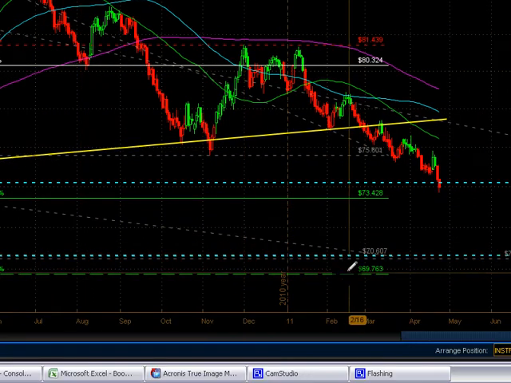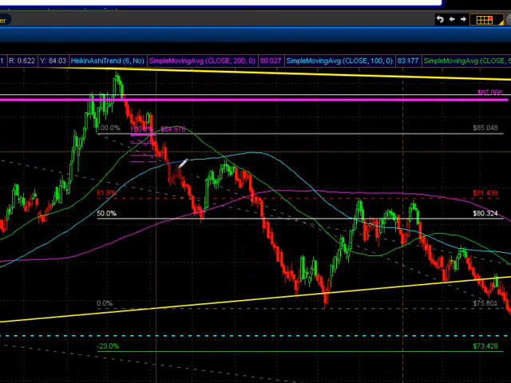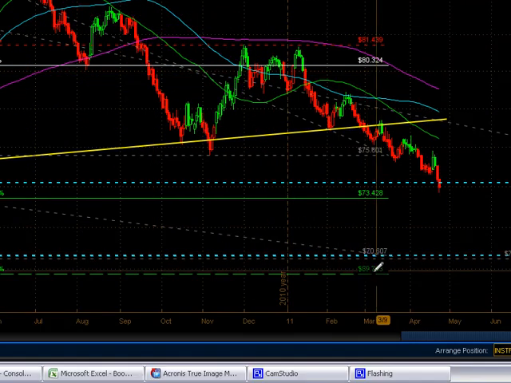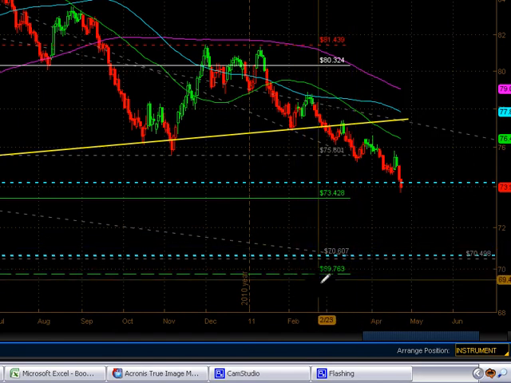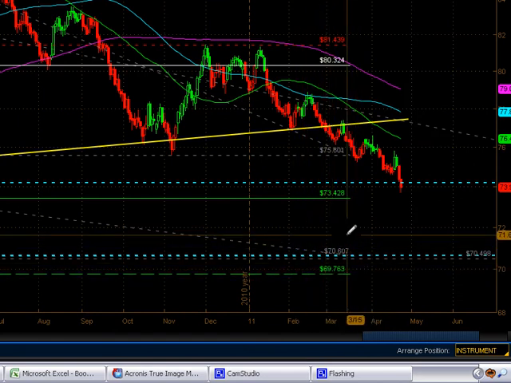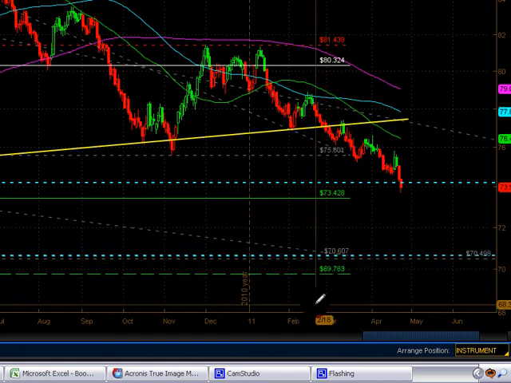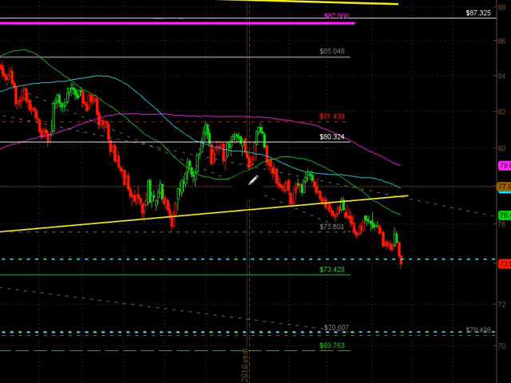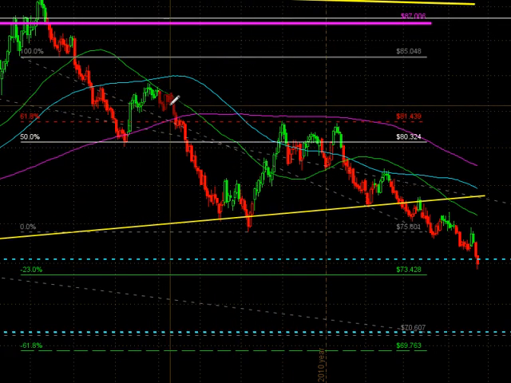The extension target here, like we saw from this move, see how it goes down to the 61.8 target of 76.90s, is the 79.76 area. So we have a very high probability setup from the 80 short level to go to a 70 target, which is previous lows, breaking out of a triangle.